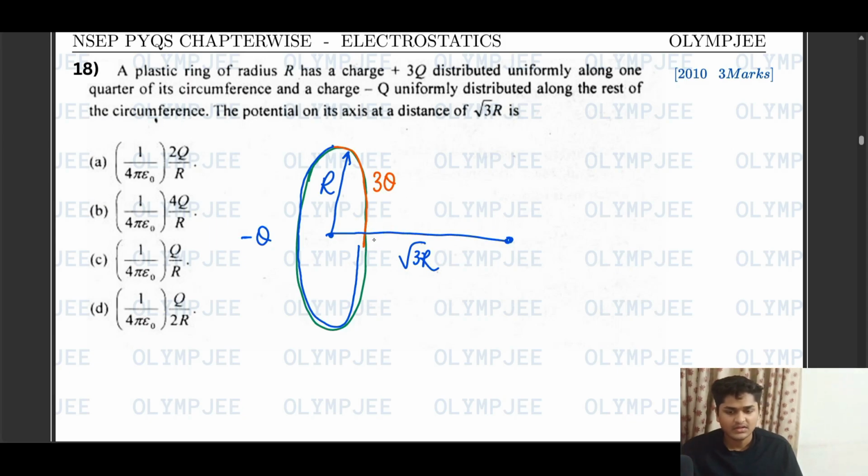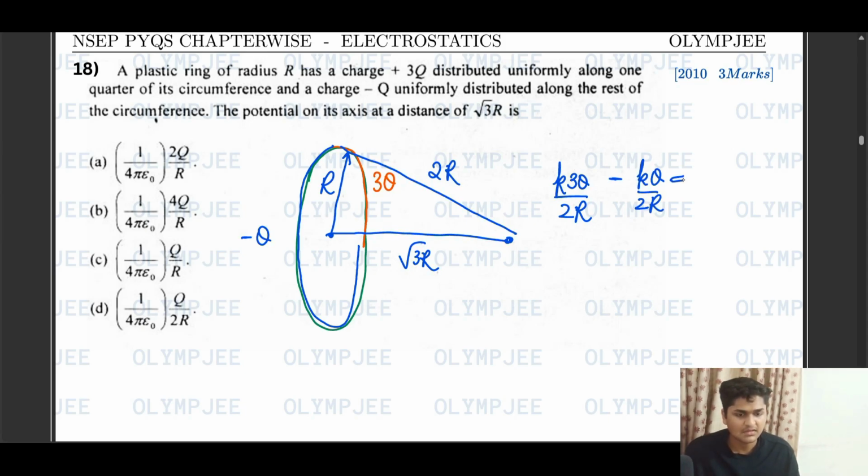So for the points on which this 3q charge has been distributed, each point will have a distance of, by Pythagoras, 2r. So the entire 3q charge can be imagined to be at a distance of 2r from the point. So the potential can be written as k3q by 2r, and similarly for minus q we can write it as kq by 2r.